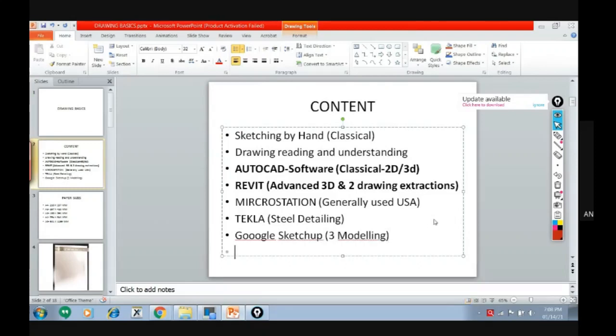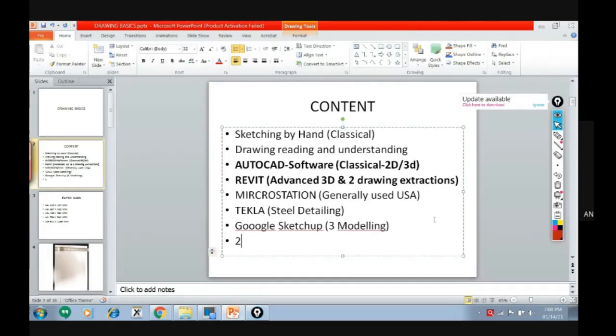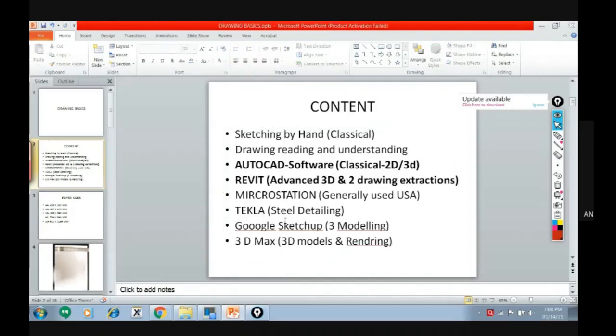There are some softwares like 3D Max, but they are mostly used by architects, as it is a good rendering software. These are the softwares nowadays widely used.